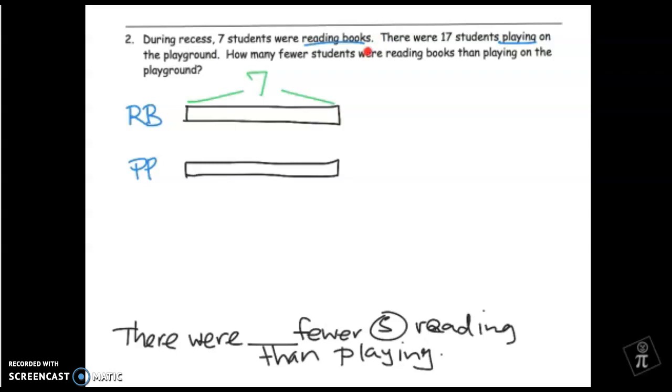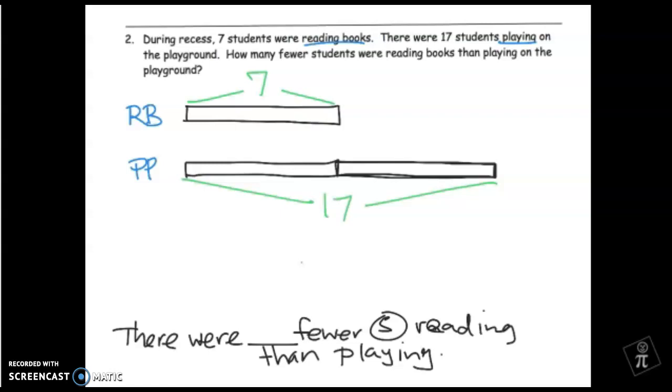And then I'm going to read the next sentence, which is, there were 17 students playing on the playground. So that means this tape actually needs to be a little bit longer. And it doesn't matter if it's proportional, parents and teachers, so we don't have to be all perfect. We just know it needs to be longer, and we know that length is supposed to be 17.